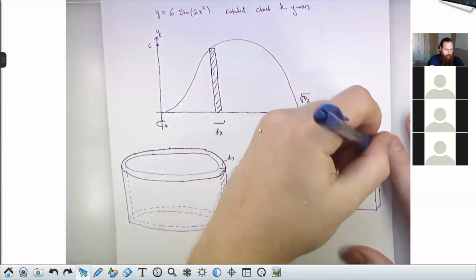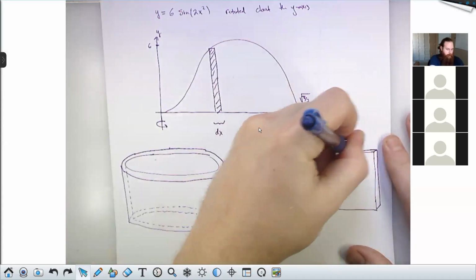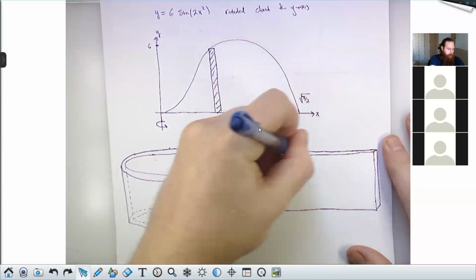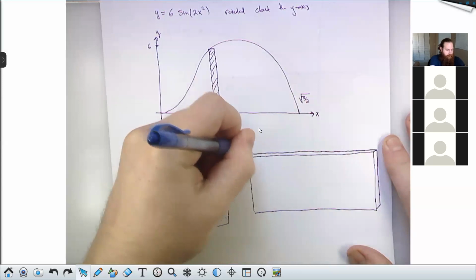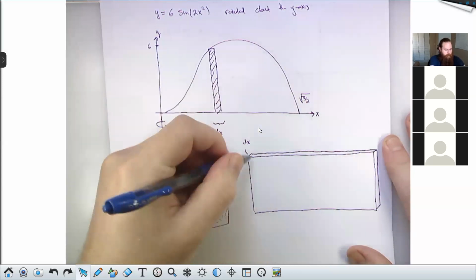If I were to do that, I would get a very thin box. The thickness is still that differential thickness.